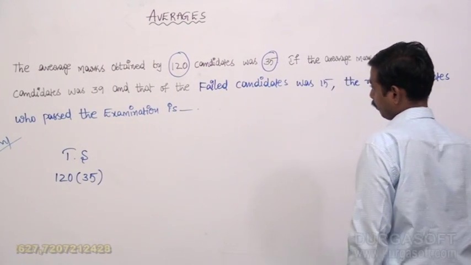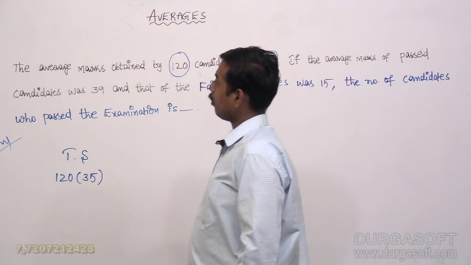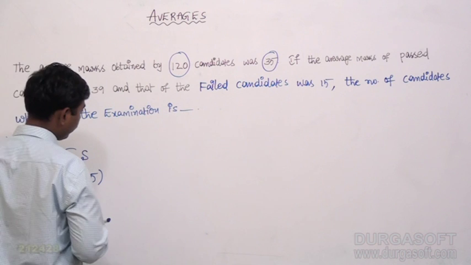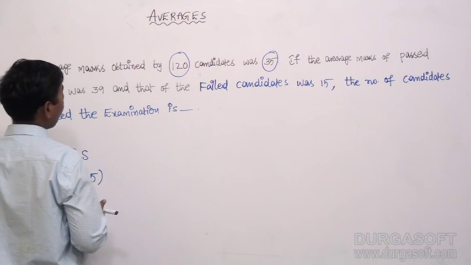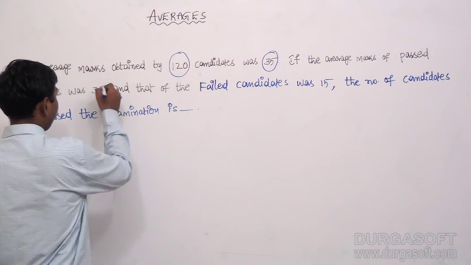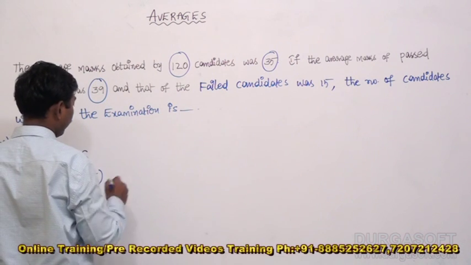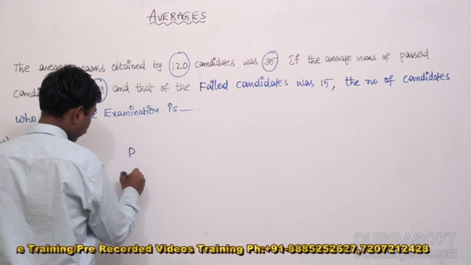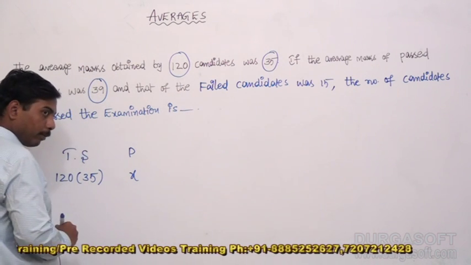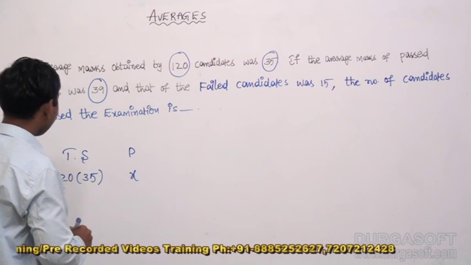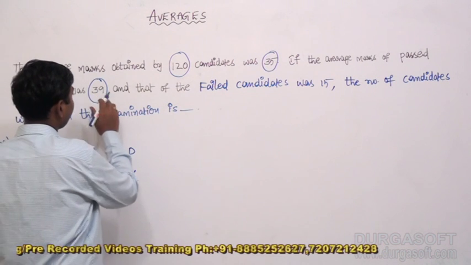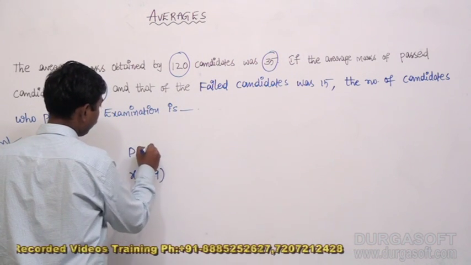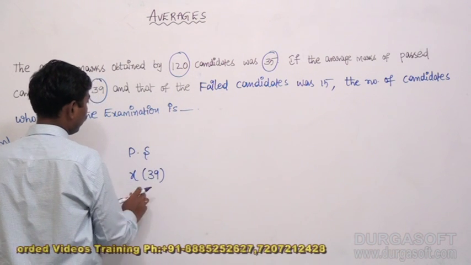All right. Out of 120, some people passed in the examination. How many people passed? We don't have any clarity. Let's suppose out of 120, X number of people passed, and their average is 39. 39 into X is 39X.